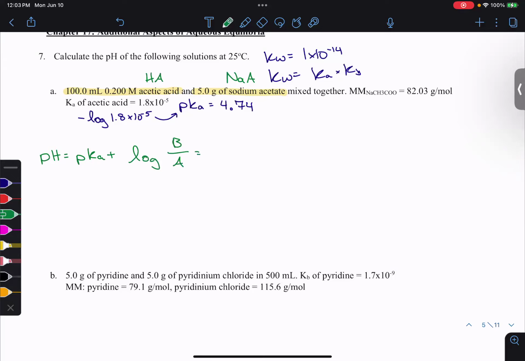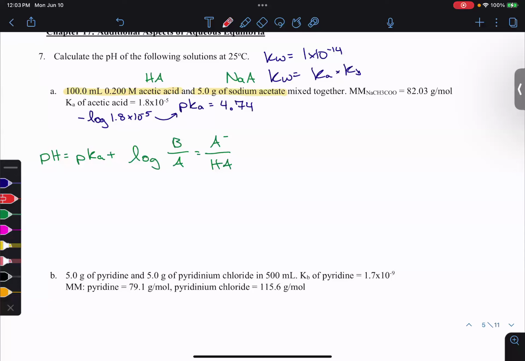Specifically, base over acid has to be the mole amount or concentration of A minus over how much HA you have. So you are adding these amounts directly. You just need to convert these into mole amounts and plug them into the Henderson-Hasselbalch equation because you are adding the acid and its conjugate base directly.